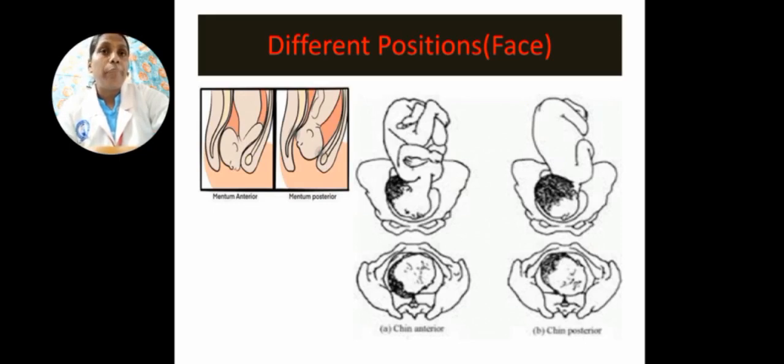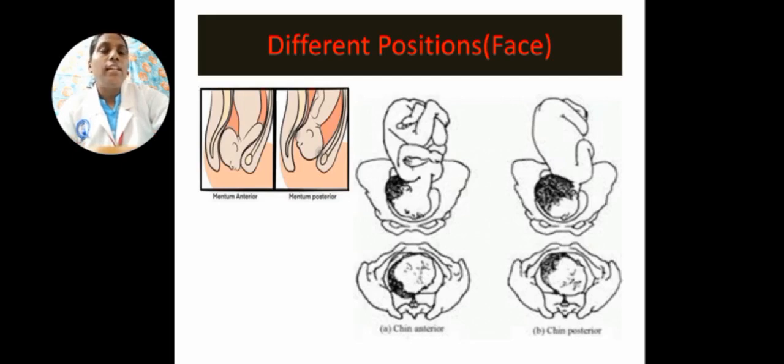We call it mento-anterior or mento-posterior. So when the chin is facing the iliopectineal eminence, we say mentum anterior. When the chin is facing the sacroiliac joint, we say mentum posterior.